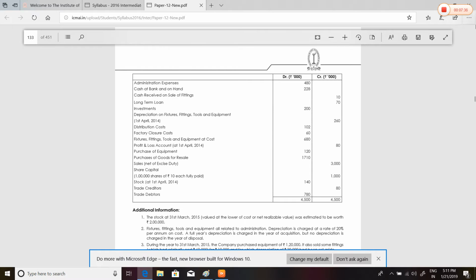Furniture fixtures is 680, purchase of equipment 120, purchase of goods for resale 1710, sales net of excise duty 3000, share capital 1000, stock as at first April 2014 140, trade creditors 80 and debtors 780.